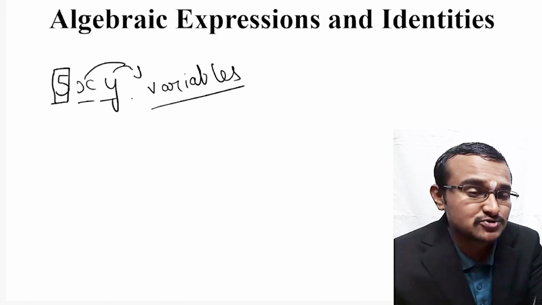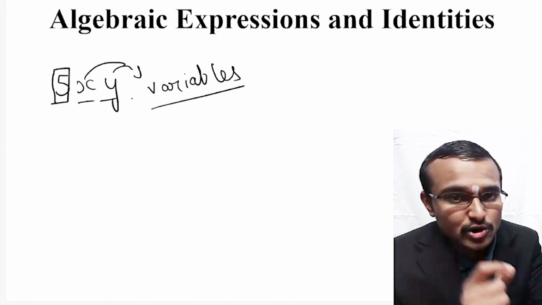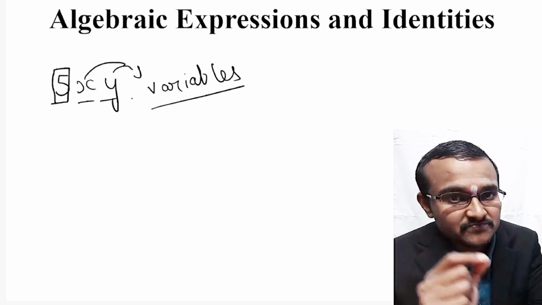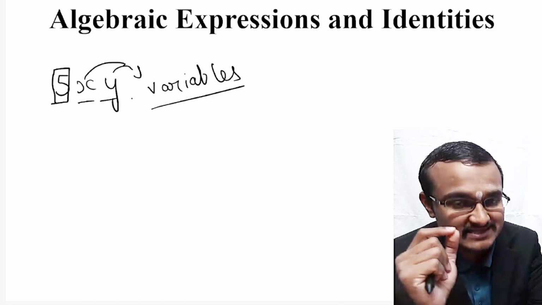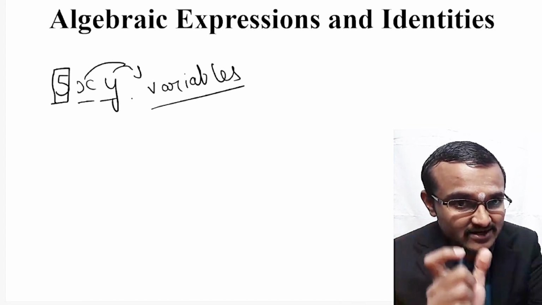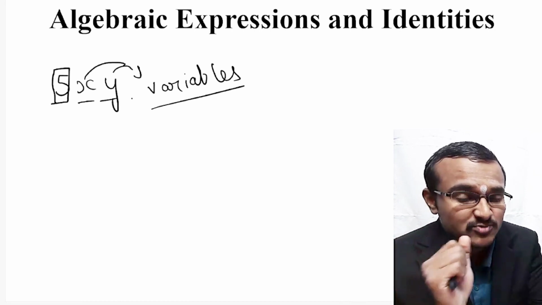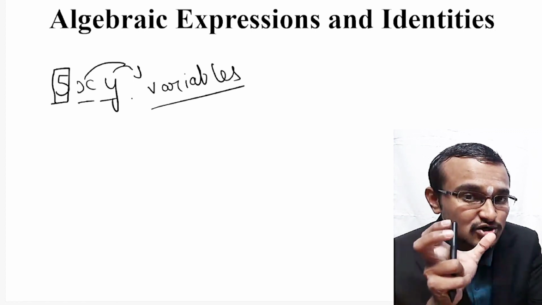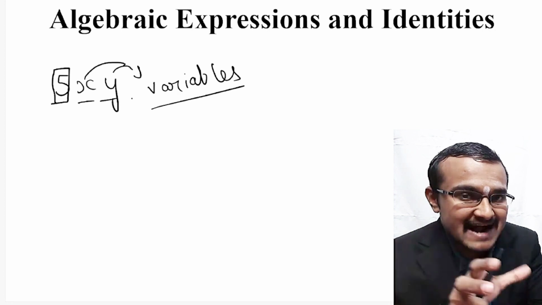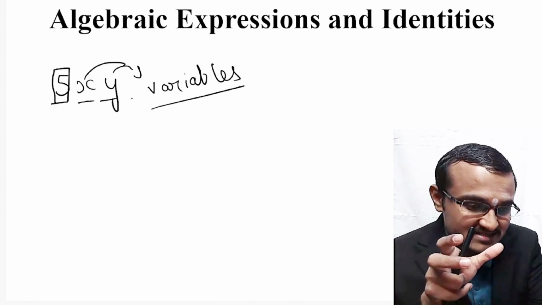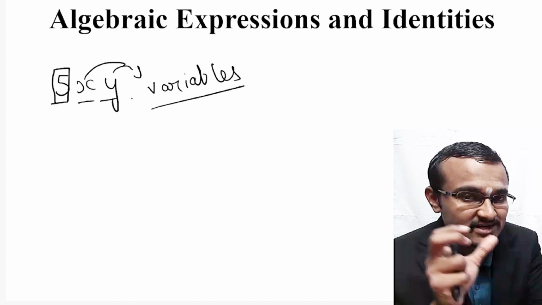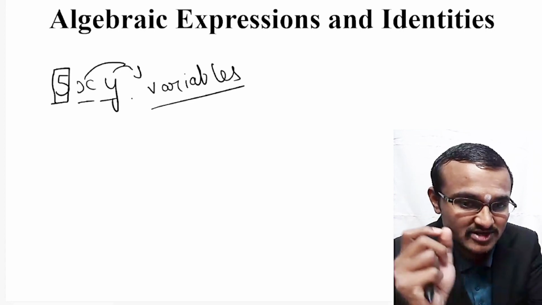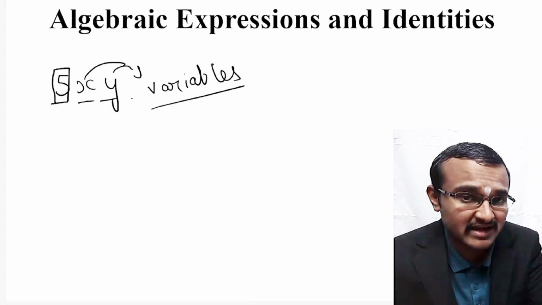Here you should remember what is a monomial, what is a binomial, what is a polynomial. Any algebraic expression which contains a single term is known as a monomial. If an algebraic expression contains two terms which cannot be added or subtracted, but can just be expressed as they are, then such an algebraic expression is known as a binomial.